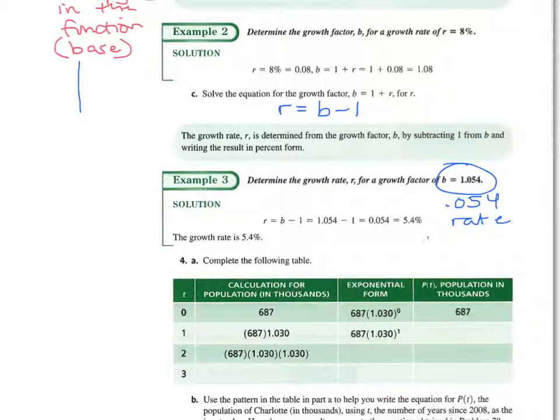So this would increase by 5.4% for each year or each X, whatever the problem is of. That's my growth rate, just without the 1. Now when we have a decay one, that's a little bit different, but we'll get to that a little bit later.